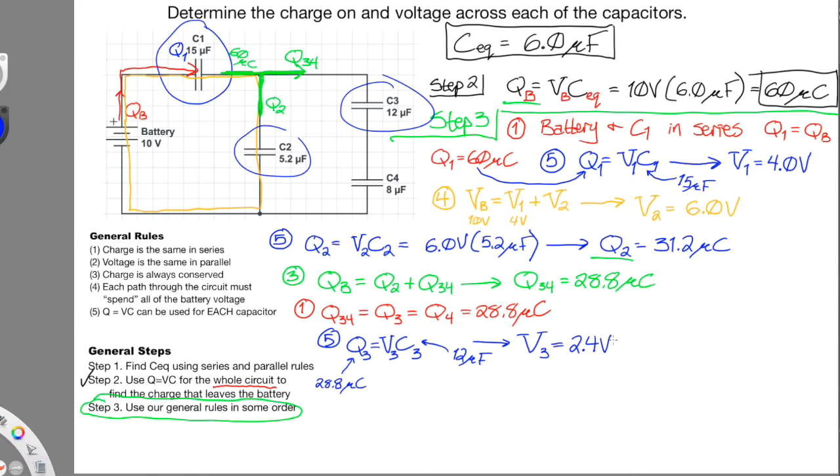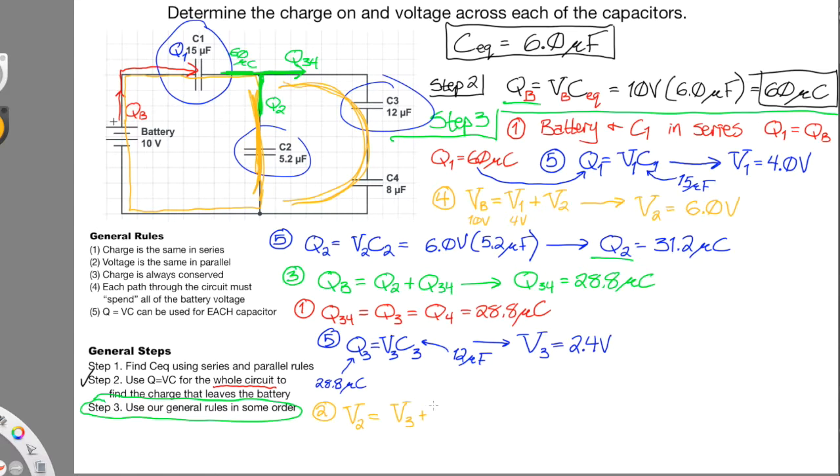Now for capacitor 4, we have a few different options for how we can do this. The first one I want to show you is using the one rule we haven't used yet, Rule 2, that the voltage is the same on any parallel paths. So here we have two parallel paths, one that goes through capacitor 2 and the other one that goes through capacitors 3 and 4. So that means the total voltage on one path, the voltage drop across 2, equals the total voltage on the other path.